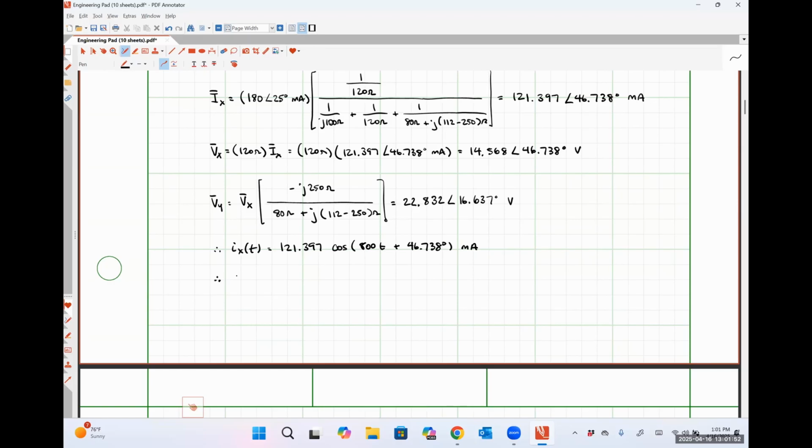And I'll follow a similar process for Vy of t. So my magnitude was 22.832 with a cosine of 800t plus 16.637 degrees volts.